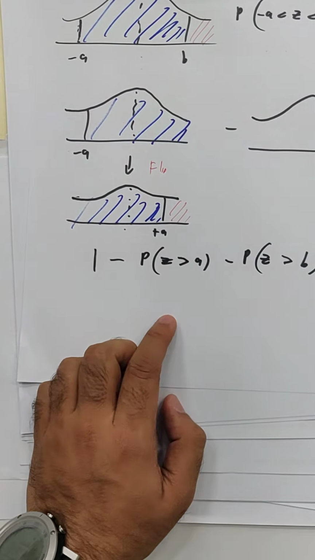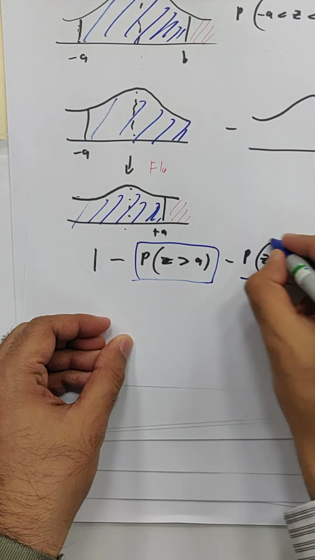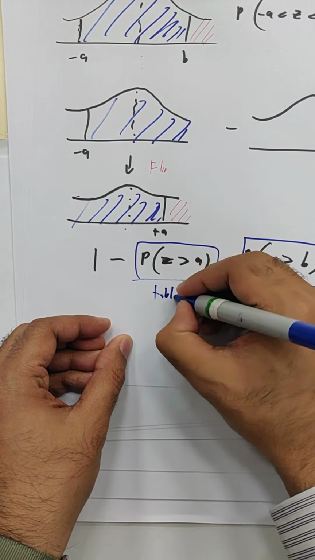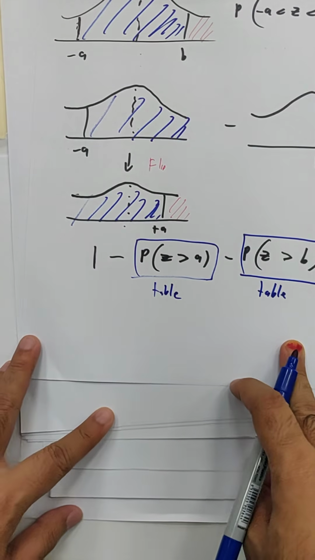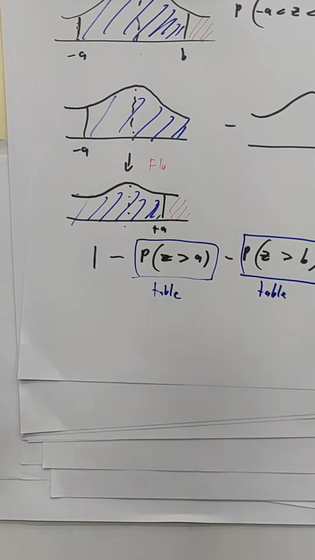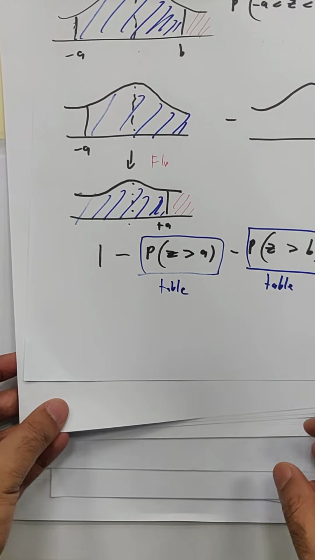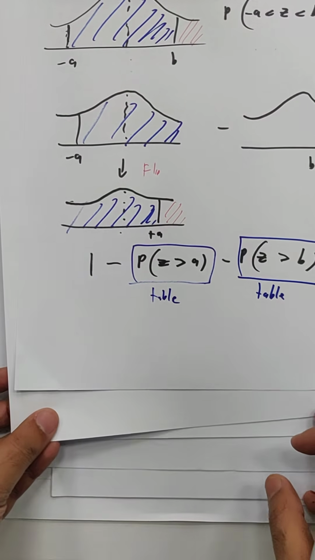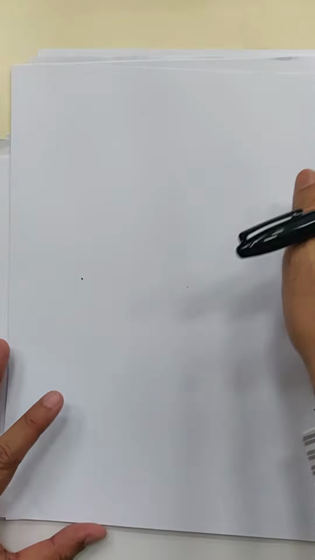And once I reach here, how do I read this one? I read it from the table. Okay? So we are building up our basics bit by bit. The strategies are all the same. Now, what about something like this?